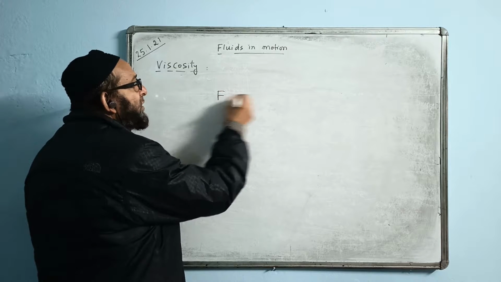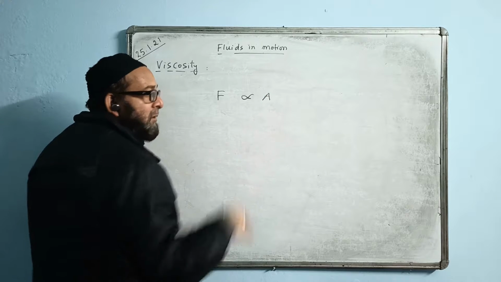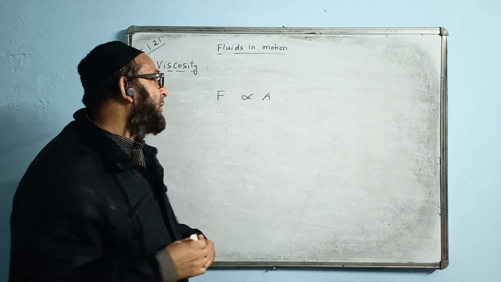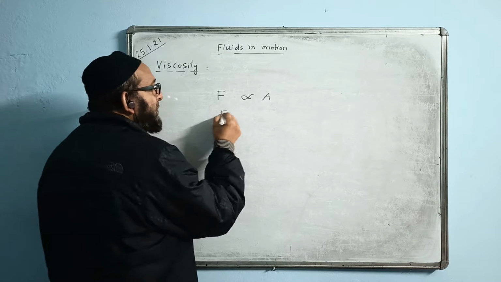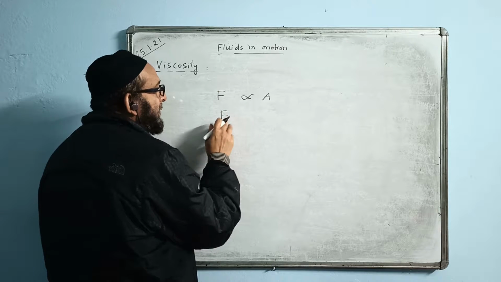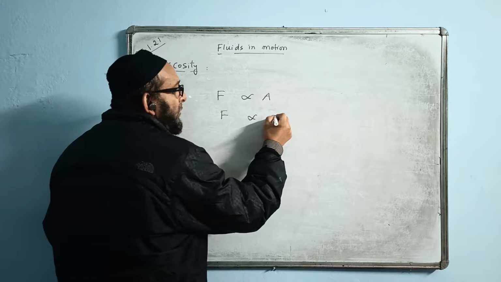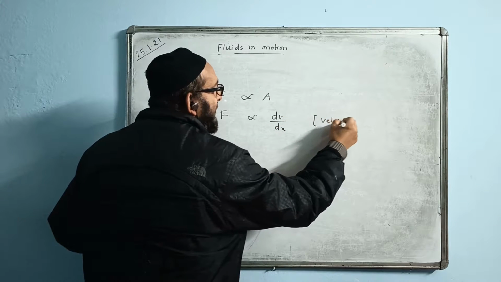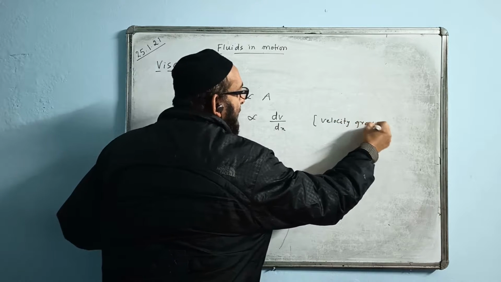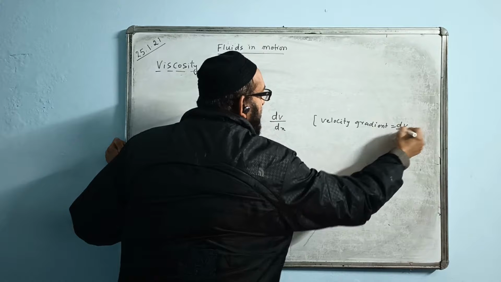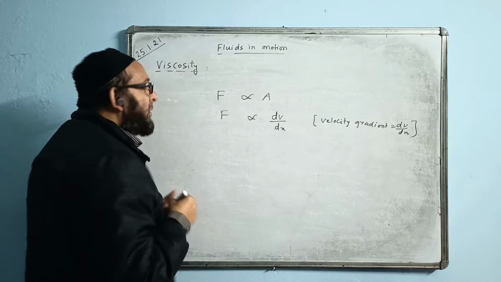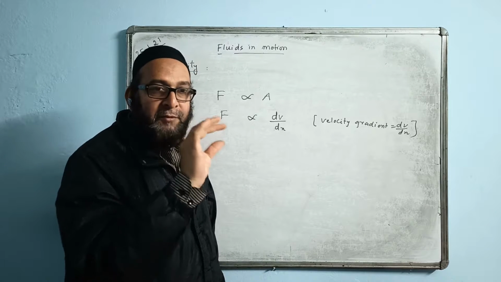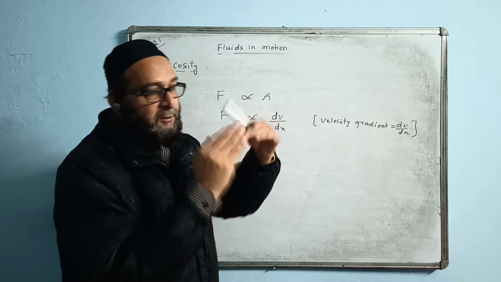He said that F is proportional to the area of the imaginary surface created by the flow of the fluid. And F, the viscous force or viscous drag, is proportional to dV by dx. dV by dx is called the velocity gradient, the rate of change of velocity with respect to the width between the surfaces.